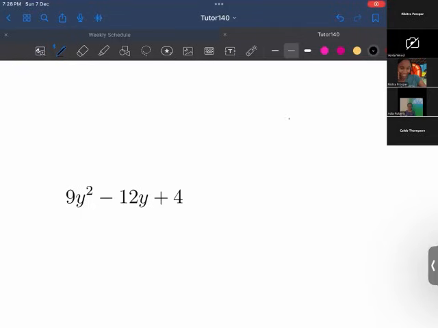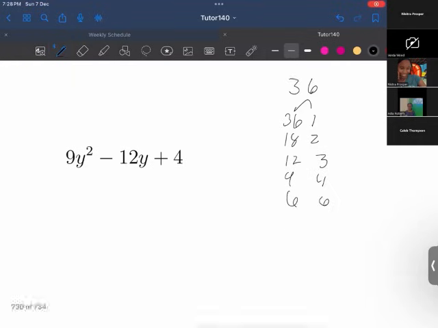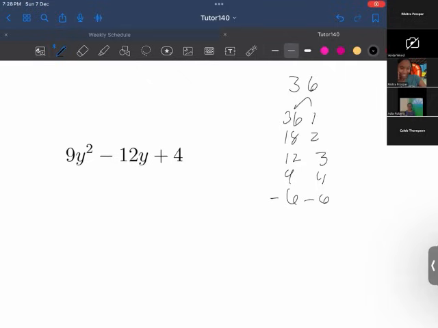So I want to find factors of 36 that add up to 12. So let's list the factors of 36. So you have 36 and 1, 18 and 2, 12 and 3, 9 and 4, and 6 and 6. I see 6 and 6. Minus 6 is negative 12. So I could just rewrite this now as 9y squared minus 6y plus 4.